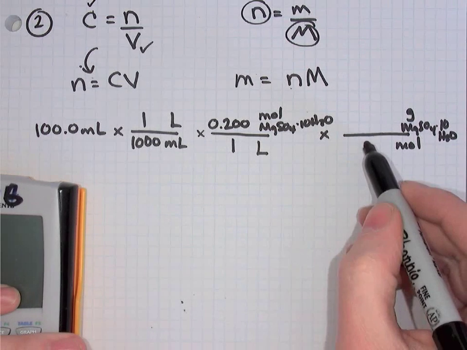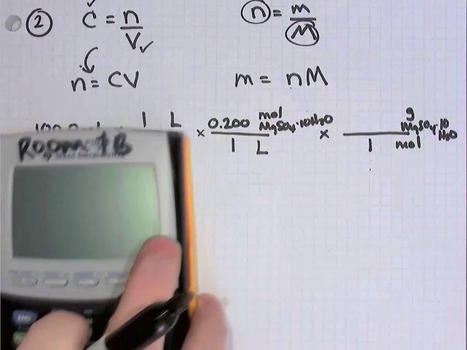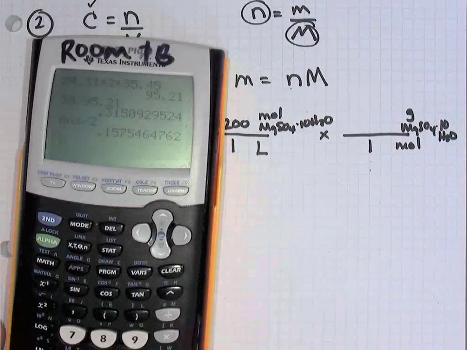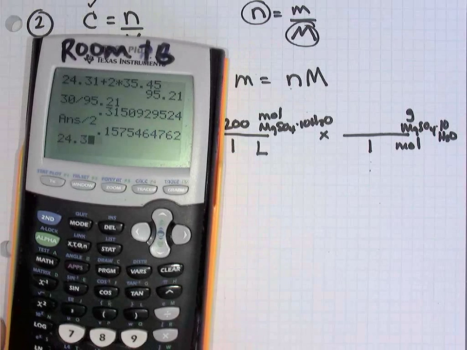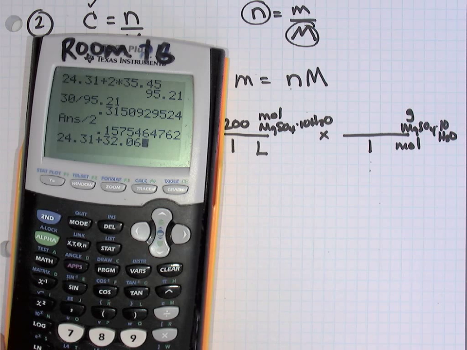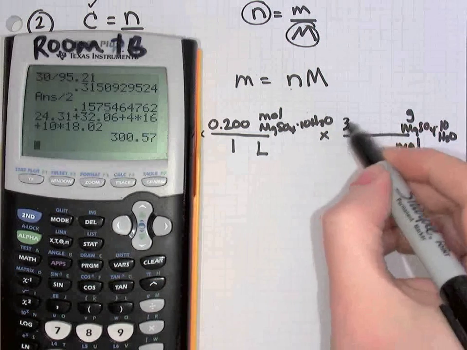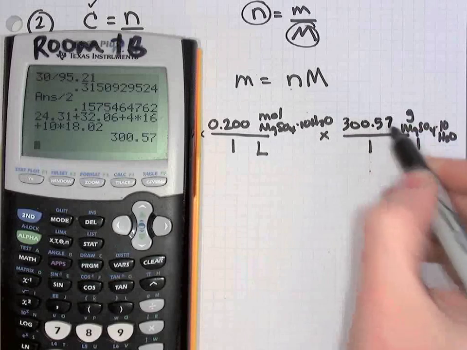And finally, the molar mass, grams and moles. 1 mole of the magnesium sulfate decahydrate is 24.31 magnesium, plus 32.06 sulfur, plus 4 times 16 for the oxygens, plus 10 times 18.02 for the waters. 1 mole is 300.57 grams.